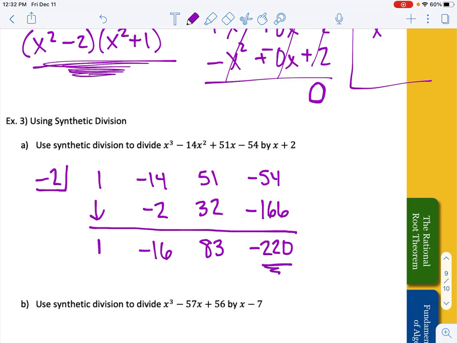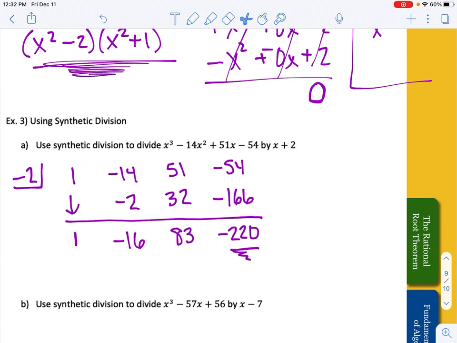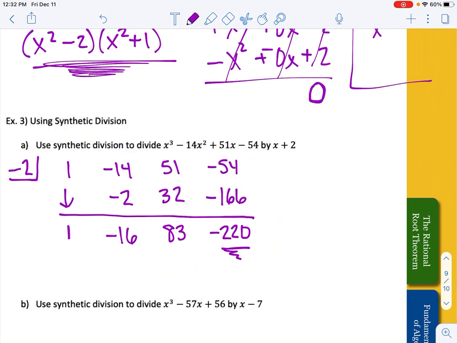Now, my number furthest to the right down here, this is actually my remainder number. So I know that my remainder is negative 220. So I can write that over here. Remainder is negative 220. And then moving to the left, this one is my constant term.